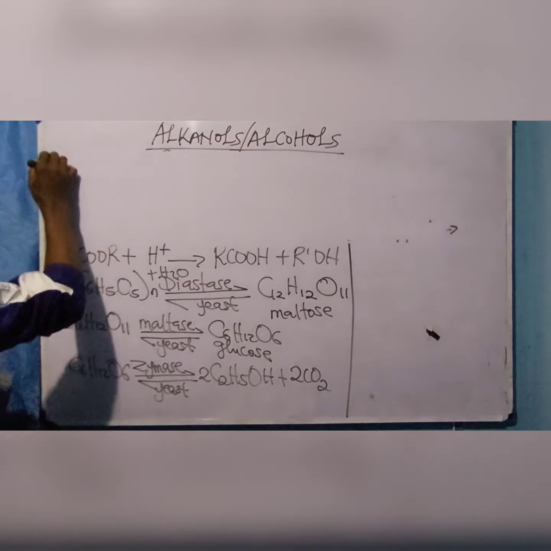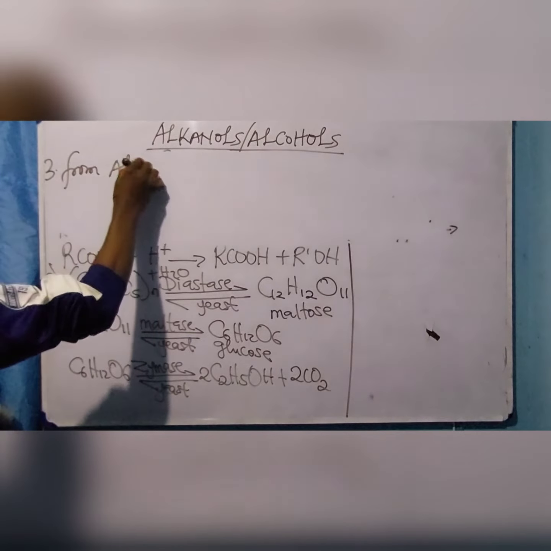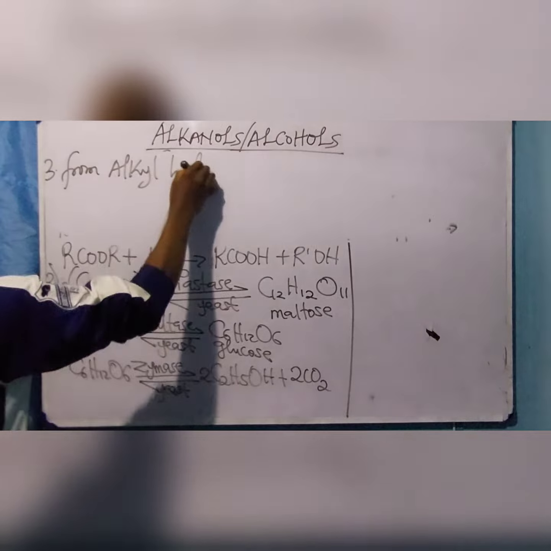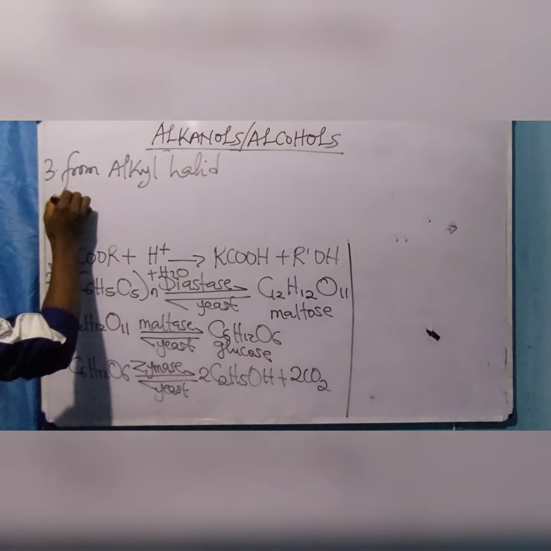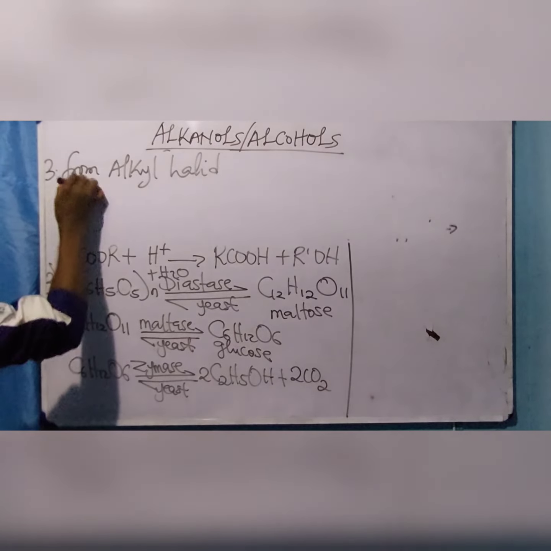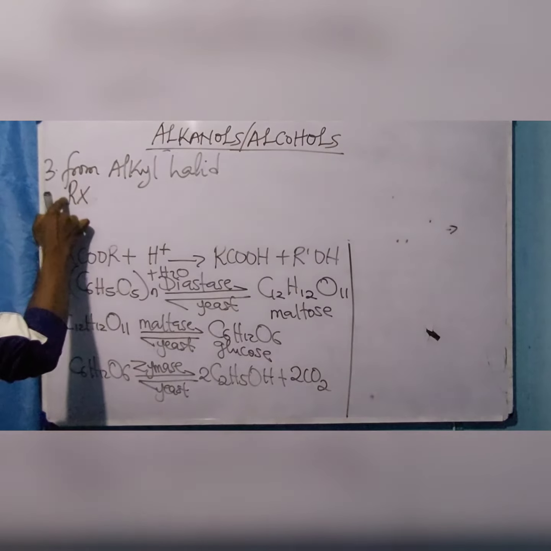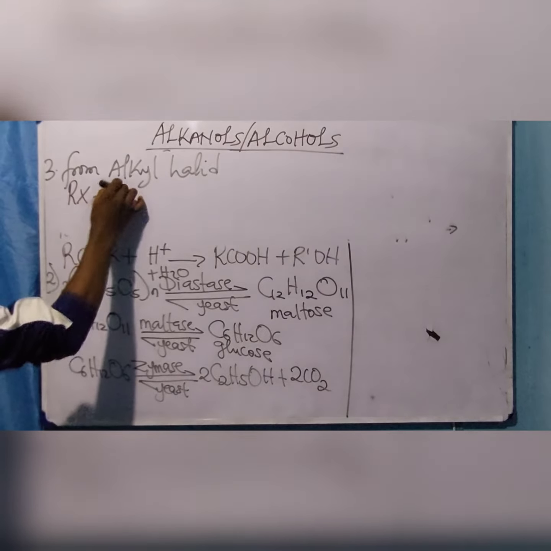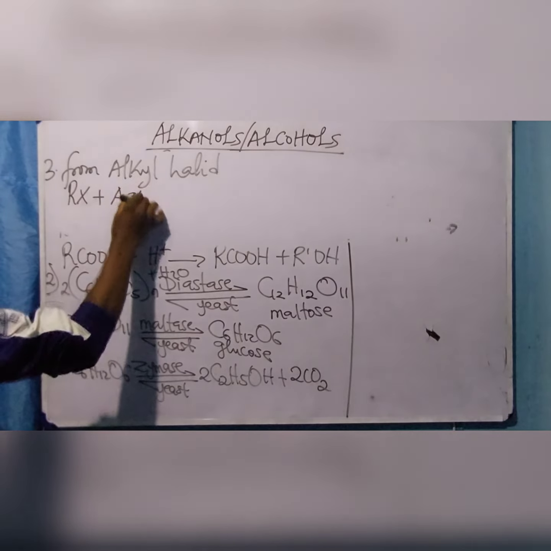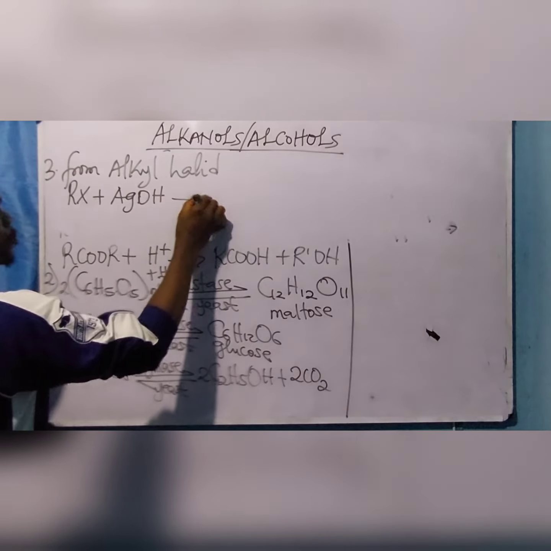Number 3, I can prepare alcohol from a carbon halide. So if I have R-X, this R is the alkyl, and the halide is the X. If I react it with any alkali, this is what will happen.